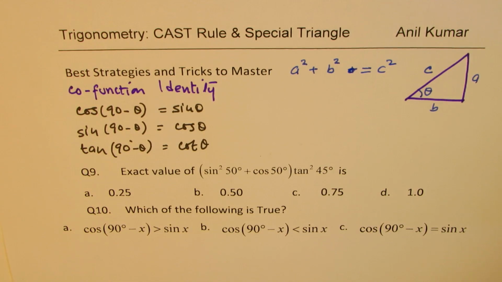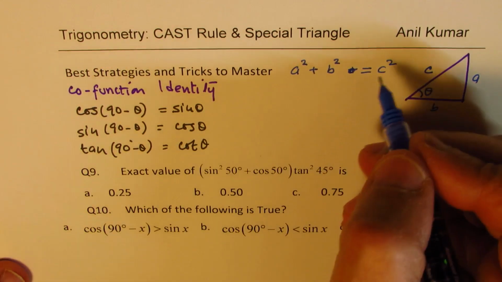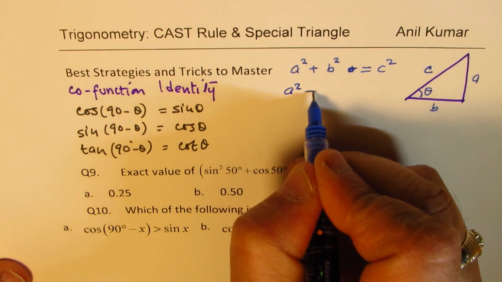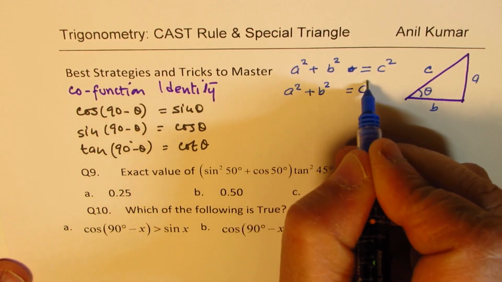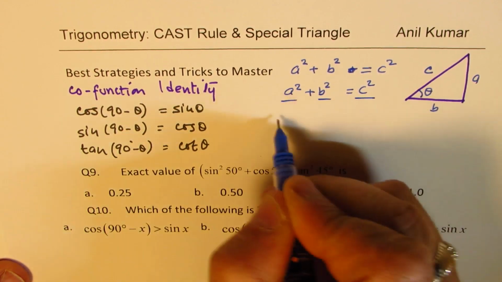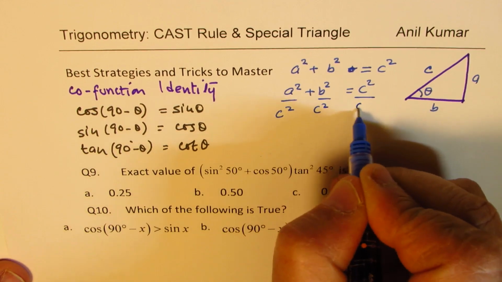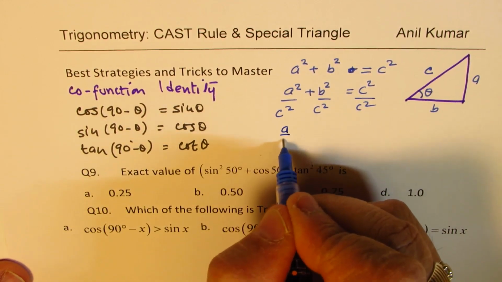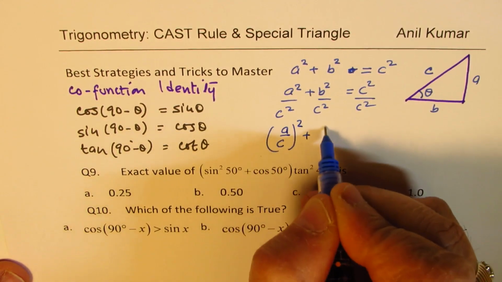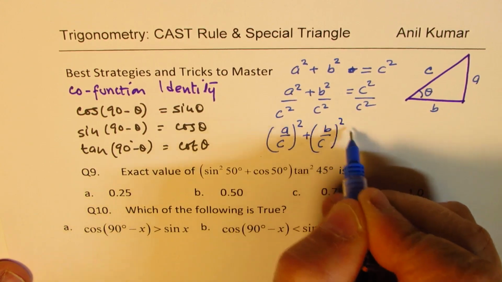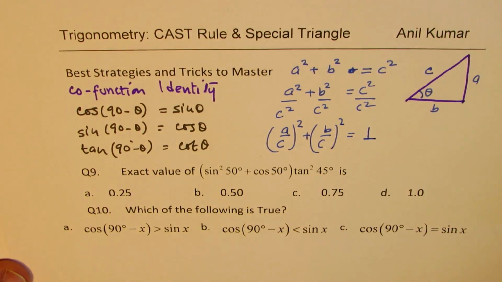Now I could divide each side by C square. Dividing them all by C square, what do I get? I get A over C whole square plus B over C whole square equals 1.